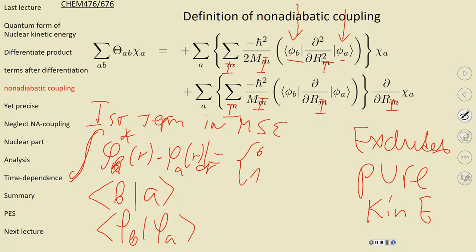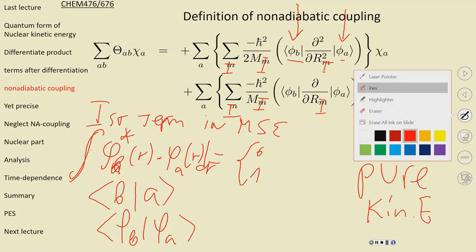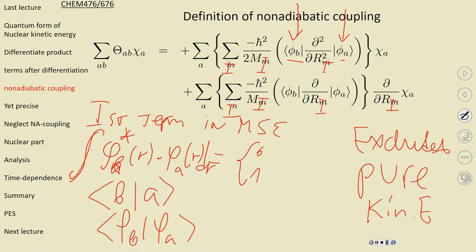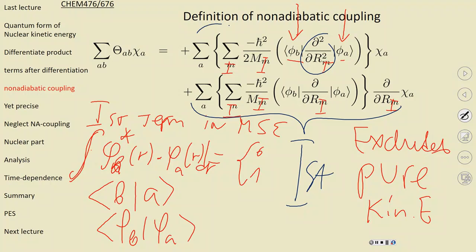Here the derivative over nuclear position is applied to the electronic wave function only once, so it is non-adiabatic coupling of the first order, and here it is applied twice, so this one is second order.